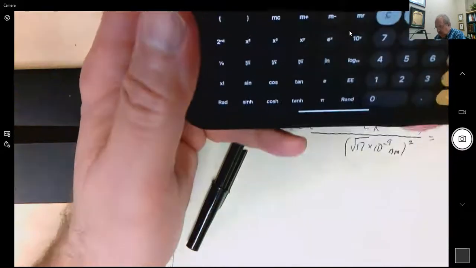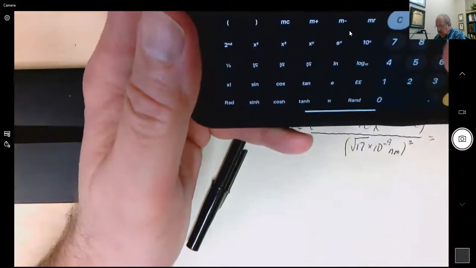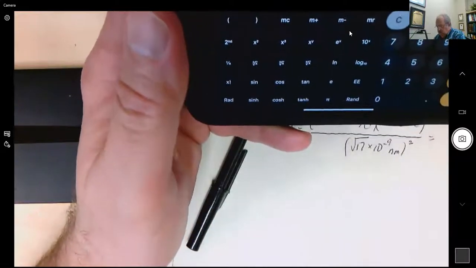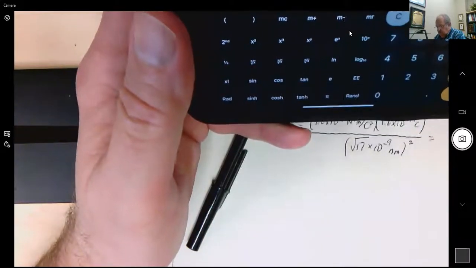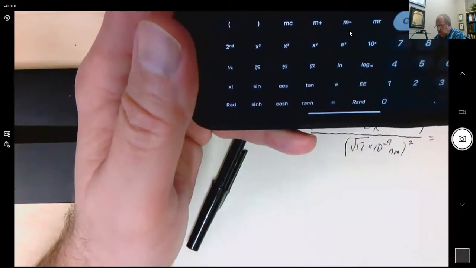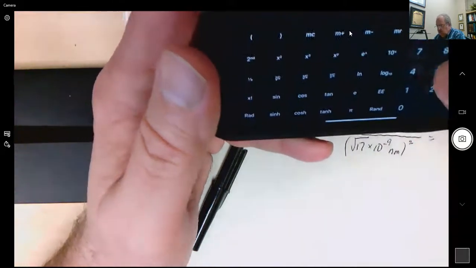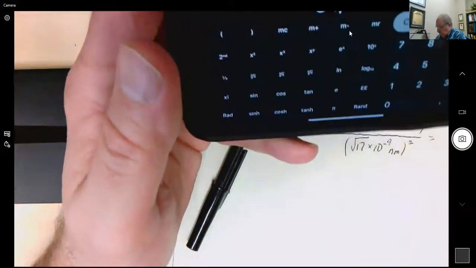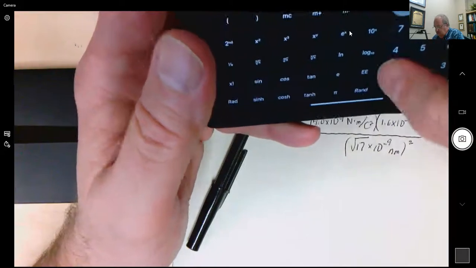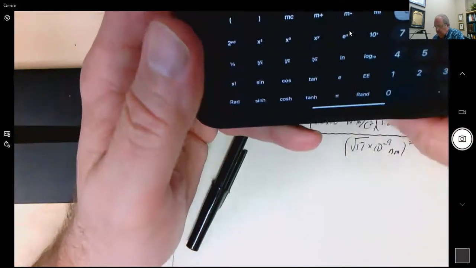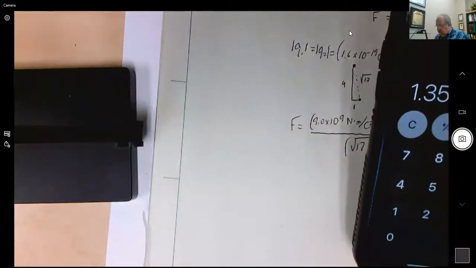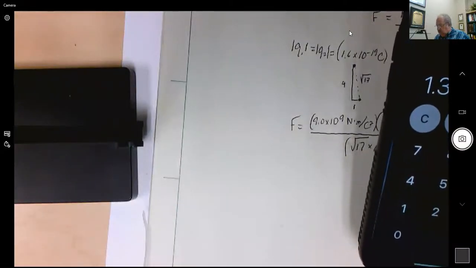Okay, take the reciprocal of that, times 9 times 10 to the 9th, times 1.6 times 10 to the negative 19th, squared. That gives me 1.35, actually 1.36 times 10 to the negative 11th newtons.